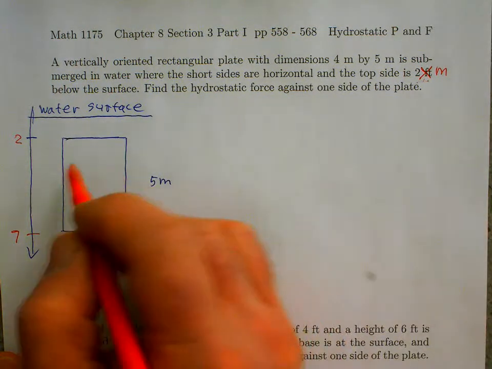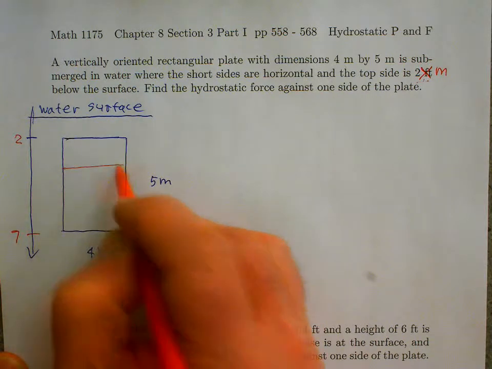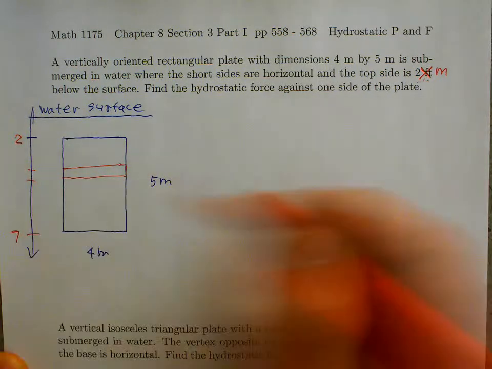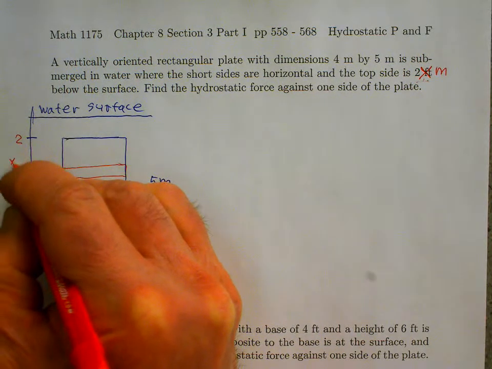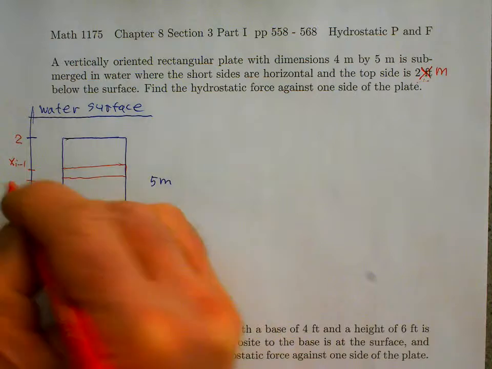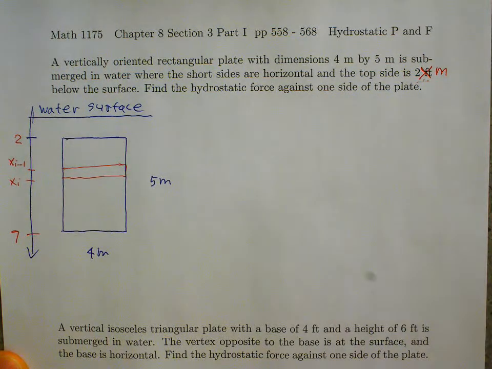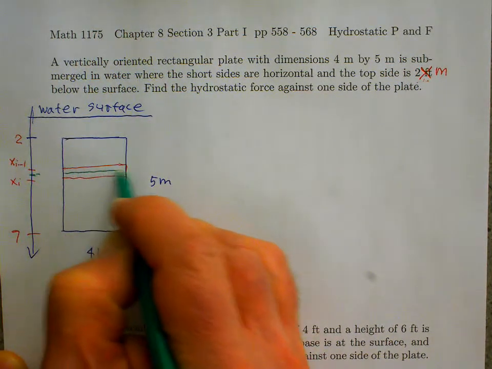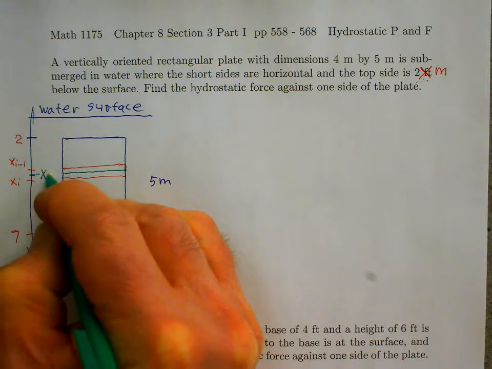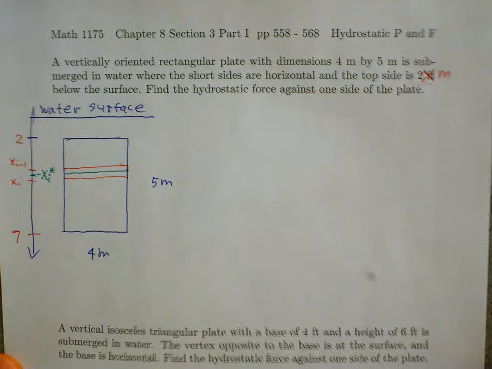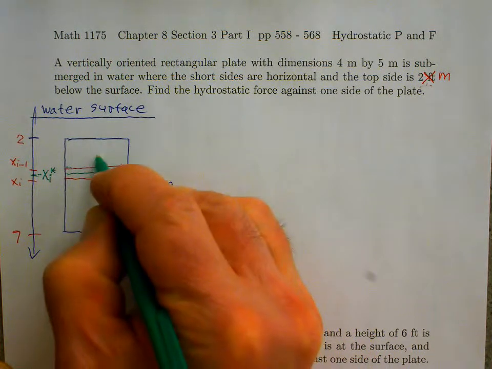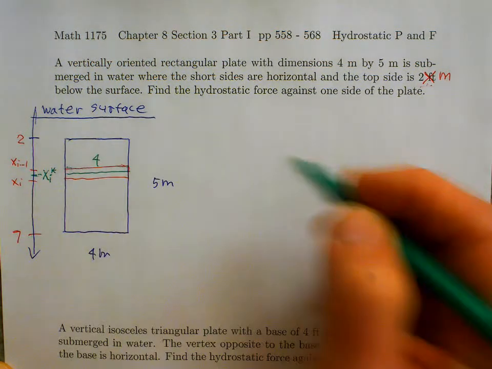Okay, so again, we construct a rectangle. Maybe I should have drawn it bigger, but anyway, our interval from x sub i minus 1 to x sub i, and we'll pick our representative depth as x sub i star. Well, this one's nice because the length is 4 meters.